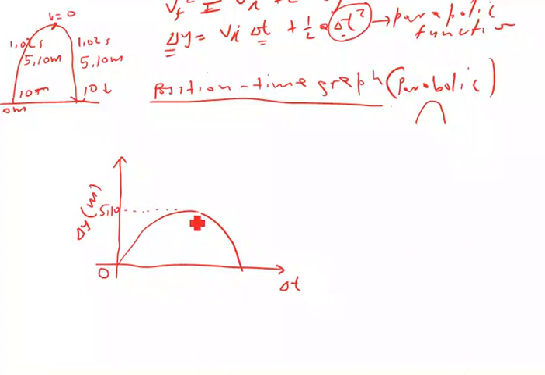Then the time for this part, the first path, is 1,02. Then for the whole path is 2,04 seconds. That is the position time graph. We are done with it. The ground is our 0 reference. That is done. Position time graph is parabolic.